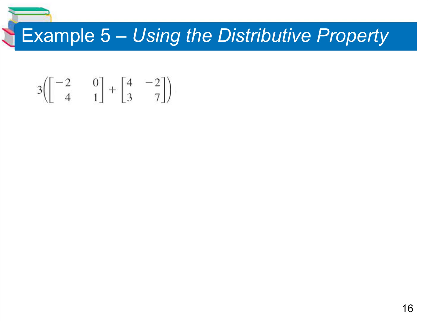You can either distribute that 3 into both of those matrices, or you can add the two matrices and then distribute the 3 into your answer. It does not matter which method you choose, you will get the same answer. If we distribute that 3 in first, you're going to do 3 times the -2, 0, 4, 1, plus 3 times 4, -2, 3, 7.